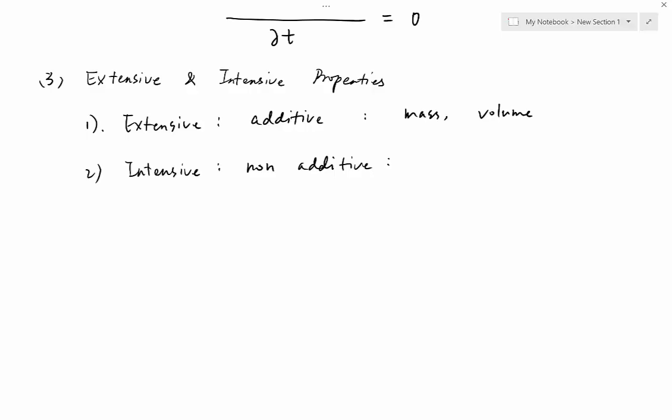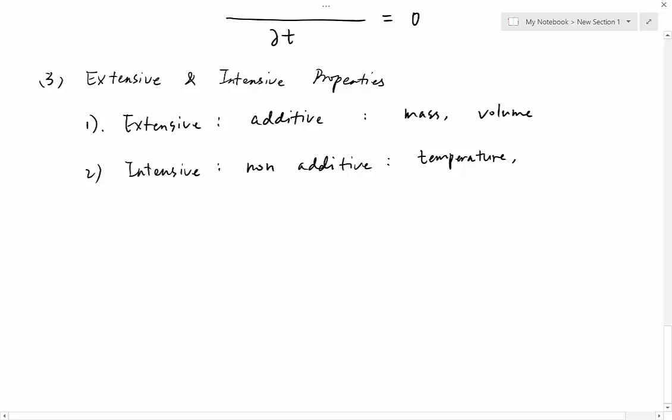Will it be 100 plus 100, which is 200 Celsius? No, the temperature is not 200 Celsius. The temperature will still be 100 Celsius for the two combined objects. So you cannot perform addition for temperature. Temperature is a non-additive property, in other words, intensive.